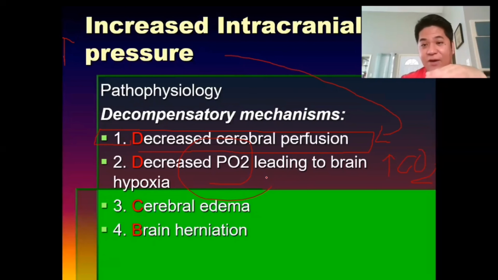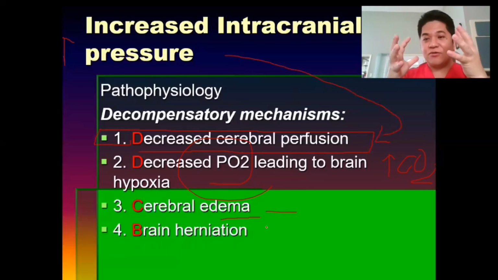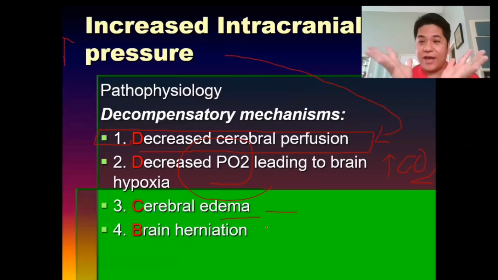So that would happen to your brain. The client will also have too much production or injury to the brain, which would cause cerebral edema as well. And as long as the pressure builds up on your brain tissue, because the skull is a closed vault, it cannot move anywhere, so the pressure builds up and it will herniate. That's called herniation.